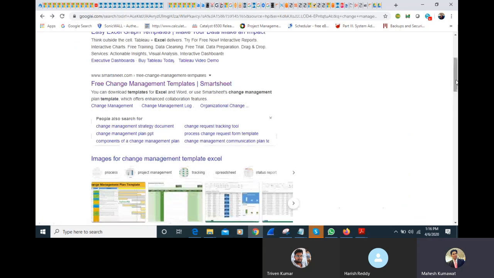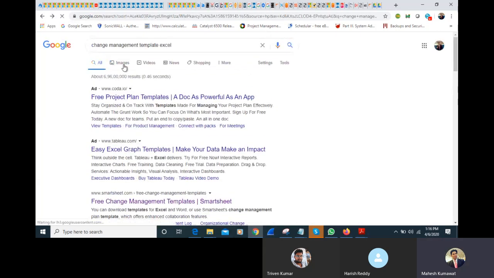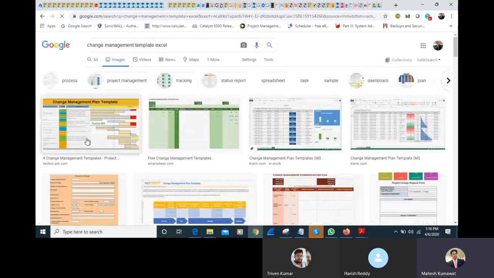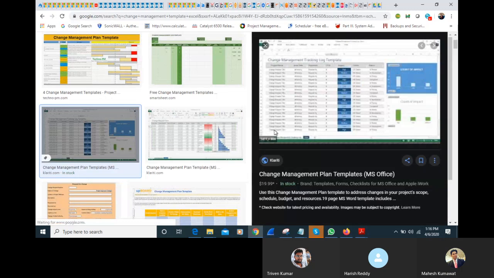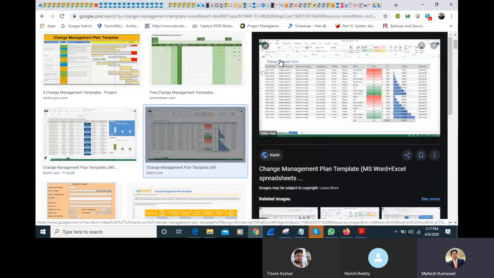Suppose we're talking about how it looks, we can go into the images and find the different changes. This is the change management tracking log template, and the change request form.